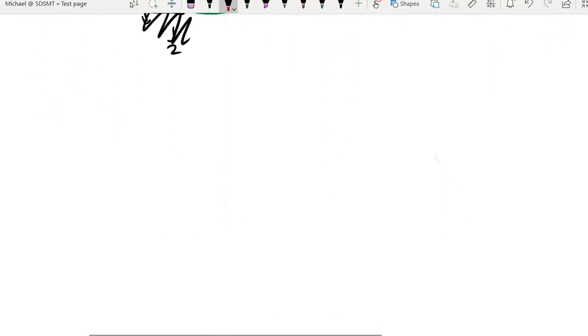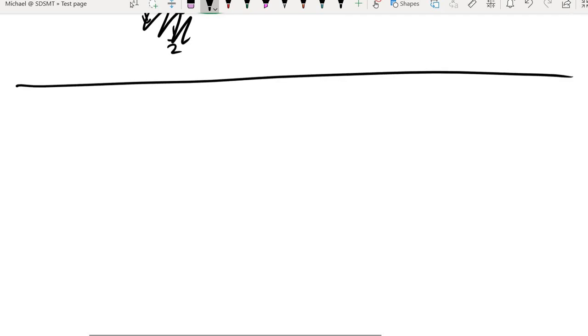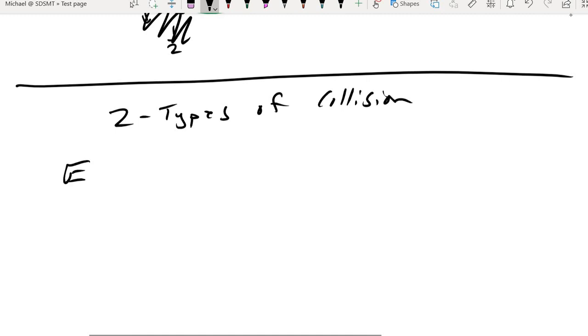So at this point we want to define the two different types of collision that we can have in a system. So two types of collisions. The first type is what we're going to call an elastic collision.